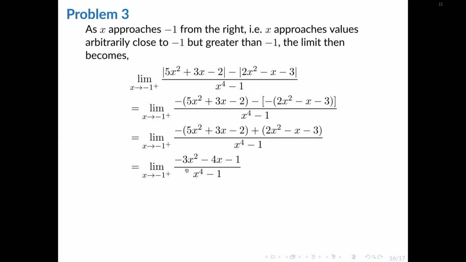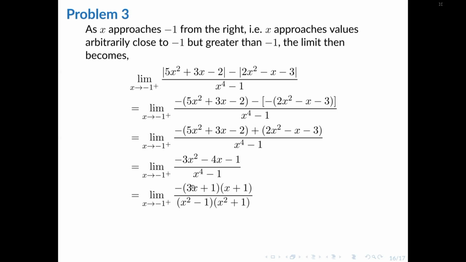But in this case, substituting -1, we will get -3 plus 4 minus 1 all over 1 minus 1, which is still equal to 0 over 0.